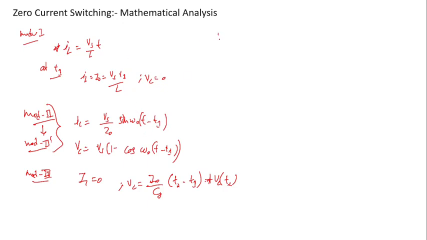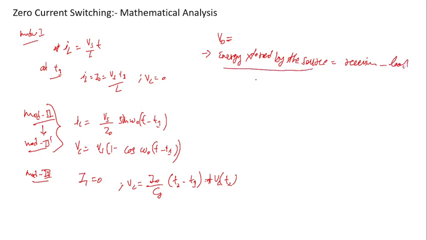How will we calculate the output voltage? We can use the concept that whatever the energy transferred by the source should be the energy received by the load. The energy transferred by the source is nothing but the energy transferred to the inductor L. Received energy is nothing but I naught into V naught.